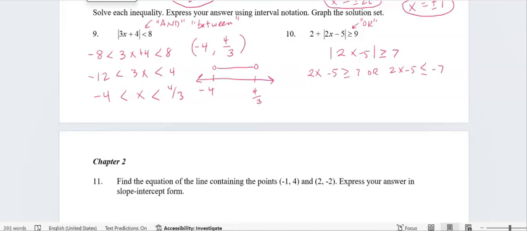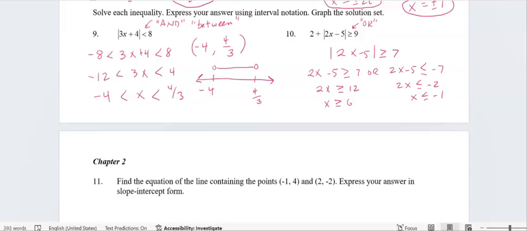It's like you had to multiply 7 by -1, and that would force you to change the direction of the inequality. All right, so x is greater than or equal to 6, or we could have x is less than or equal to -1.